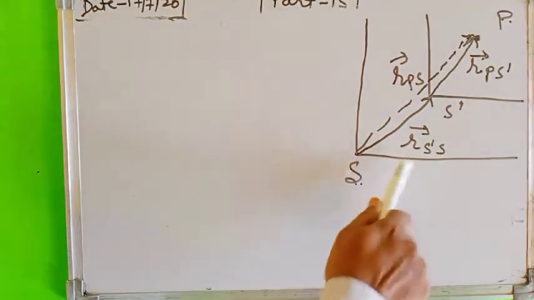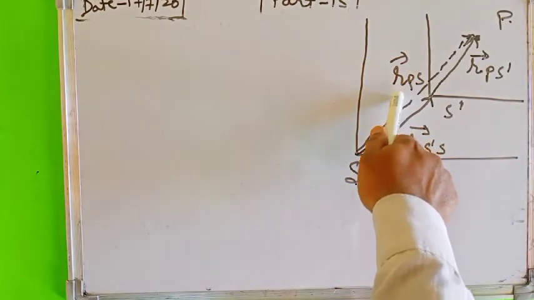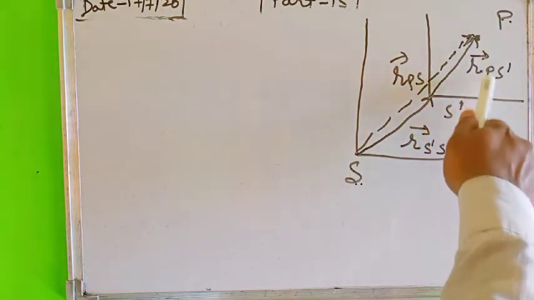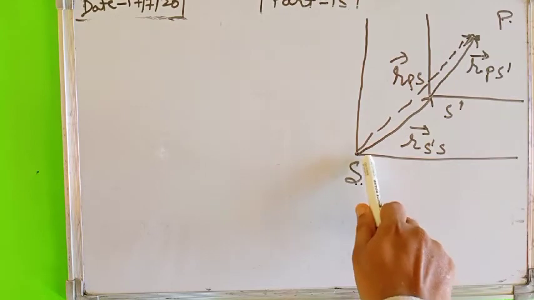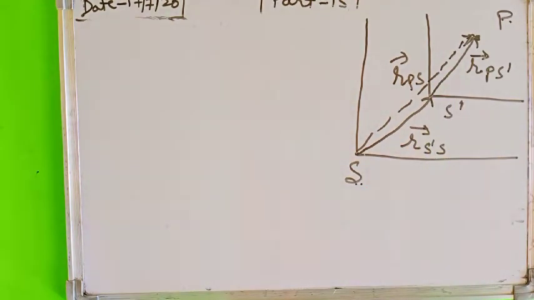There is a frame S, and the position of particle P with frame S is R PS. The position of particle P with frame S dash is R PS dash, and the position of frame S dash with respect to S is R S dash S.